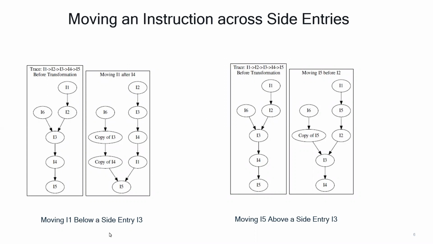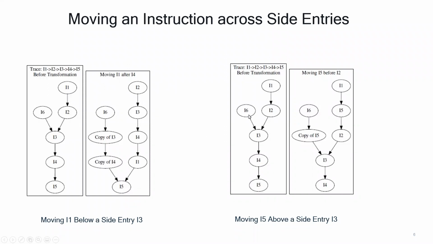So this is the change that we have to make when we are moving code below a side entry. Similarly, if we want to move some code above a side entry, for instance, if we want to move I5 before I2, then we have to place a copy of I5 when we take the off trace path.